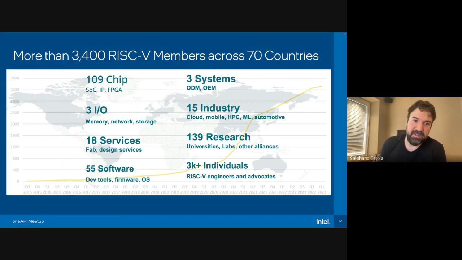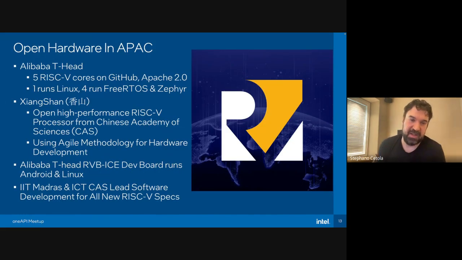So I have a slide here that just talks about some of the stuff going on in APAC. I was really privileged to get to work with some folks from the Chinese Academy of Sciences. They're doing a ton of work alongside organizations like IIT Madras.